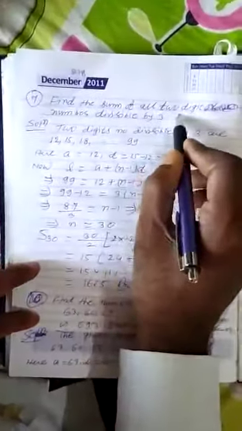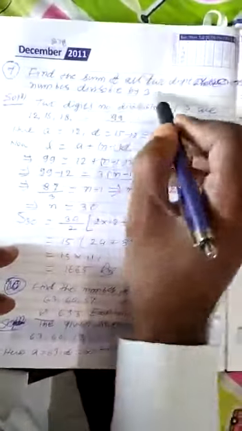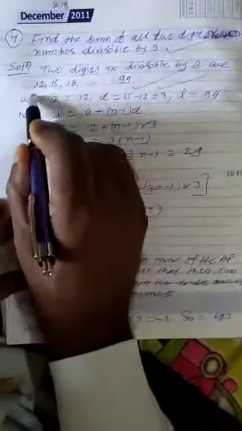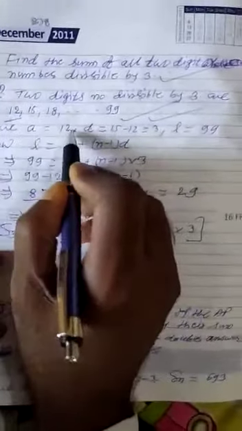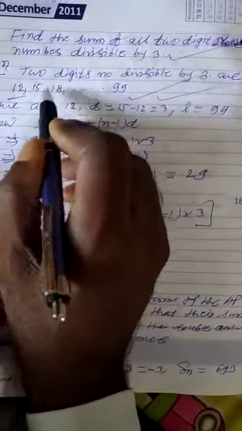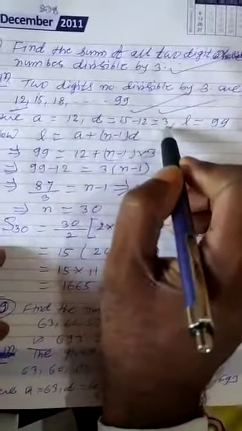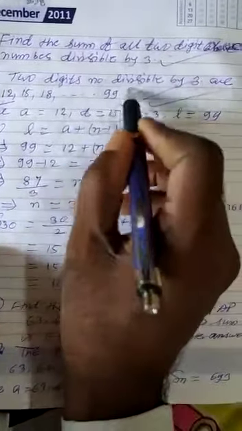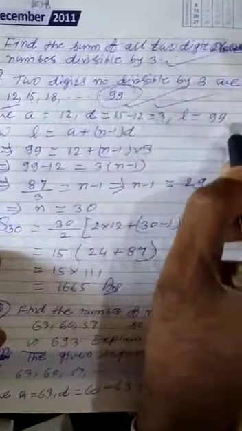Second, find the sum of all 2-digit numbers divisible by 3. So 2-digit numbers divisible by 3 are 12, 15, 18, up to 99. Here first term a is equal to 12, common difference 15 minus 12, and 18 minus 15, is 3, and last term is 99.